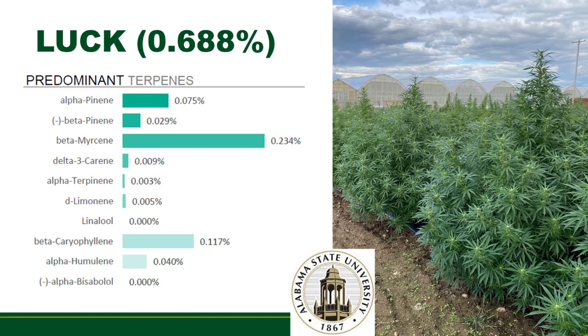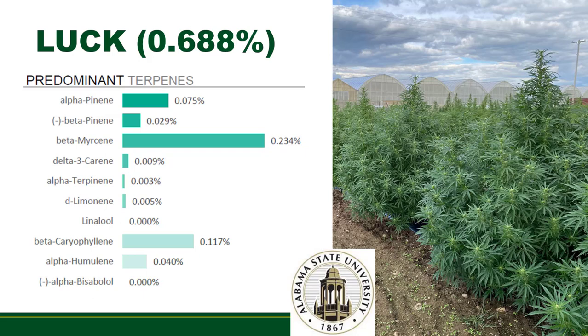And all we can do is go back to the test results that the labs have provided us. When you look at it, we've got myrcene and pinene and caryophyllene, very, very common terpenes that you see in many other plants. So why?